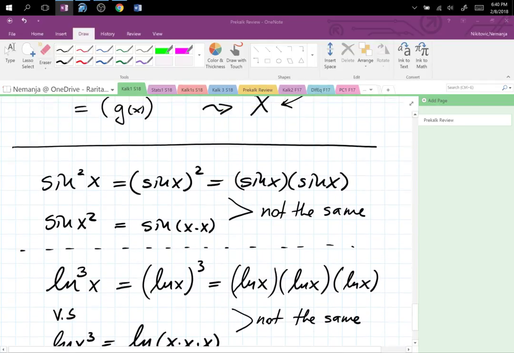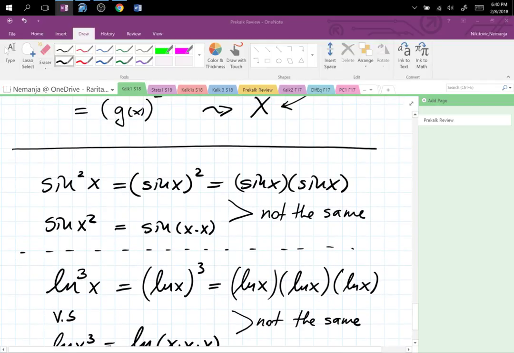So it's just a notation. It's a shorthand notation because we don't have to put the parentheses, and the square is not close to x, it's before x, so you don't get to confuse it with this too much. You see how I can see a student confusing these two, and that's a big problem. It's a huge problem.